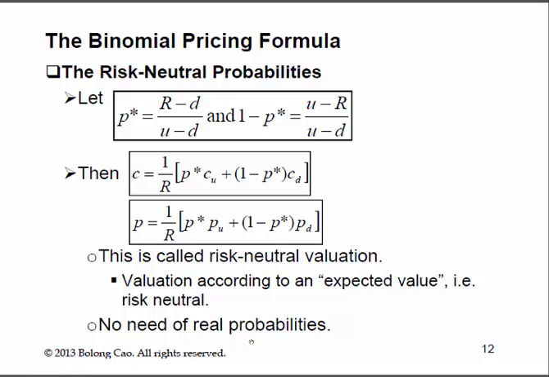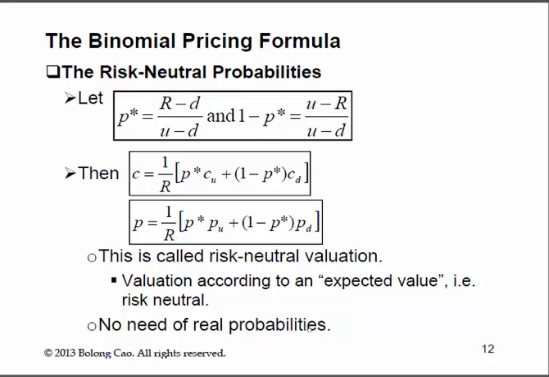And the benefit of it is that we do not need the real probabilities anymore. Once you have the risk-neutral probability, you can price the financial assets. There's no need for real probabilities. You don't need to estimate the chance for the upstate to occur and the chance for the downstate to occur.